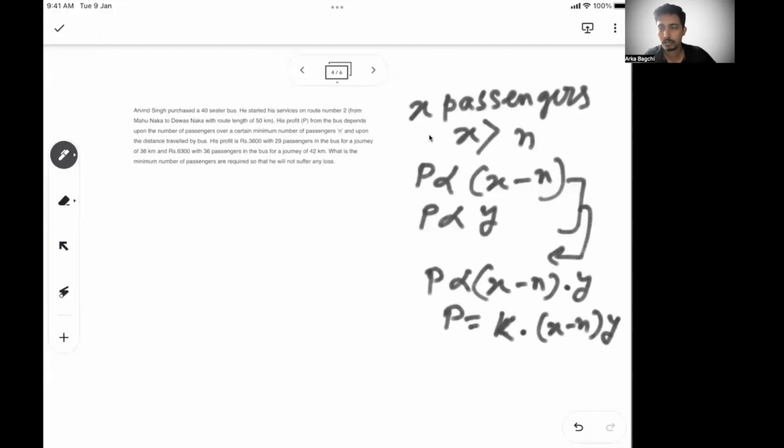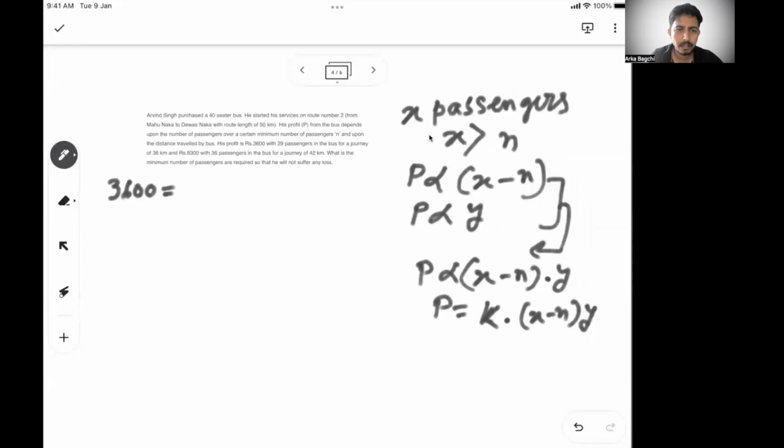K is the constant of variation. So this is the concept that we are going to use. So what they said in the first case, the profit is 3,600. So 3,600 is the profit.